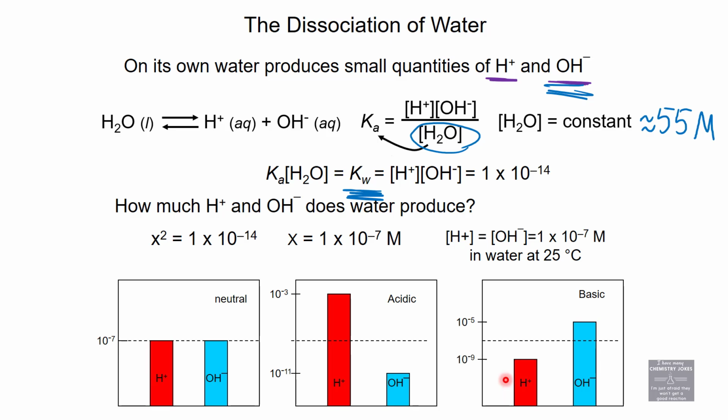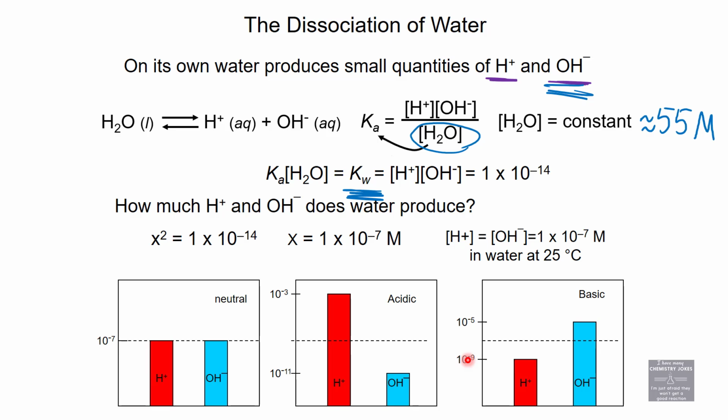However, because K values are constant, these things have to change in tandem, meaning if the H+ goes to a concentration of 10 to the negative third, the OH- shrinks to a 10 to the negative 11 concentration, because the product of those has to be 10 to the negative 14, because that's our product constant up here. Same thing, if base is 10 to the negative 5, OH- is 10 to the negative 5, H+ is 10 to the negative 9. They have to change in tandem.